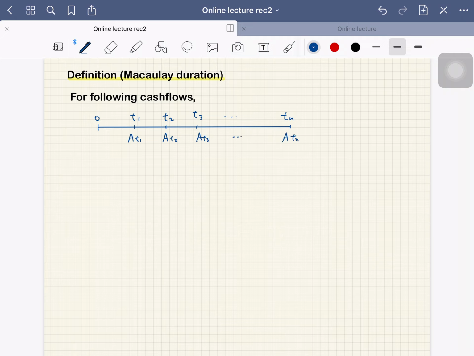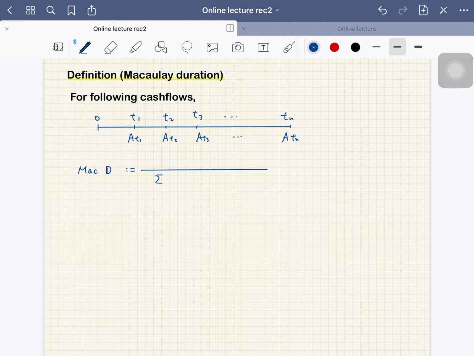Then the Macaulay duration that we write Mac d. So Macaulay duration is defined by weighted average. At first, we think about the present value of each cash flow.